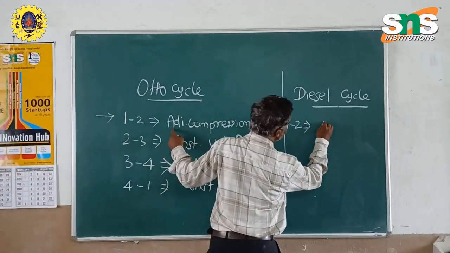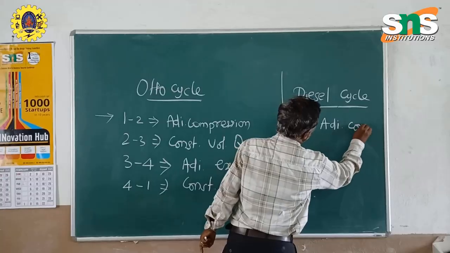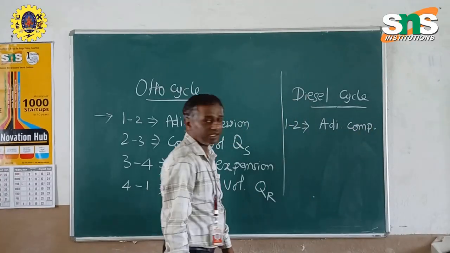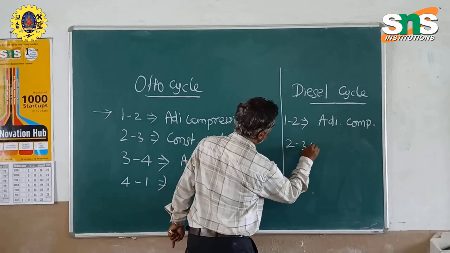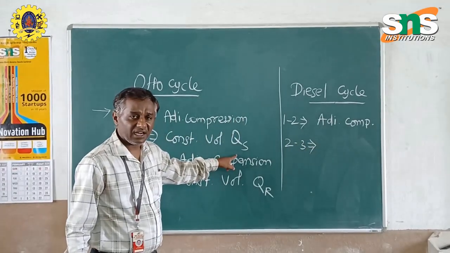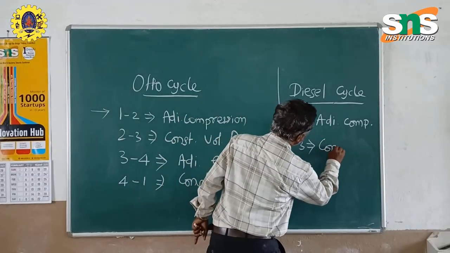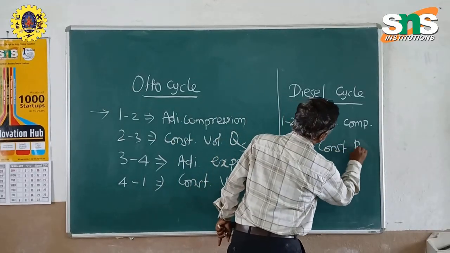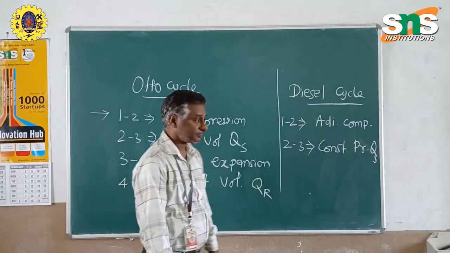Here in the diesel cycle, the 1 to 2 process is also the adiabatic compression process. And 2 to 3 is the heat addition process, but here it is constant pressure. It is a constant pressure heat addition process.